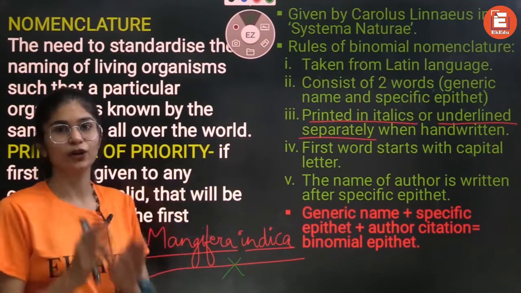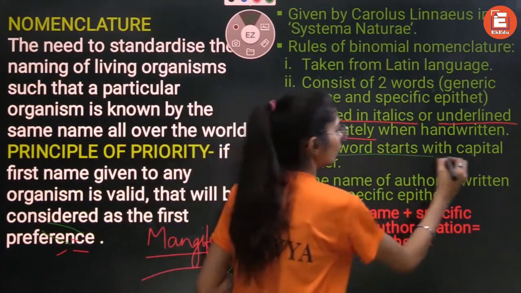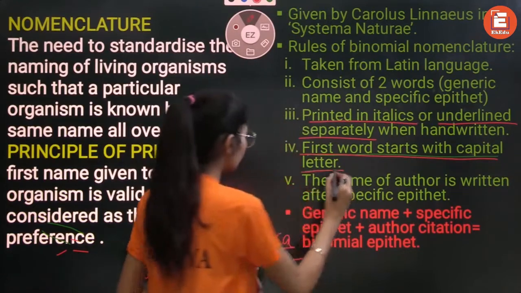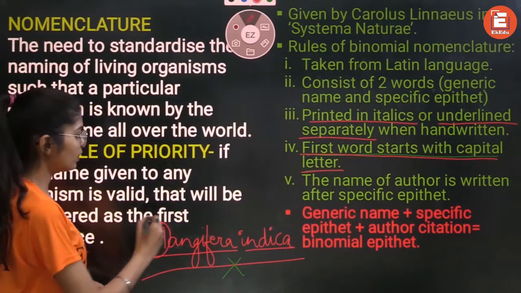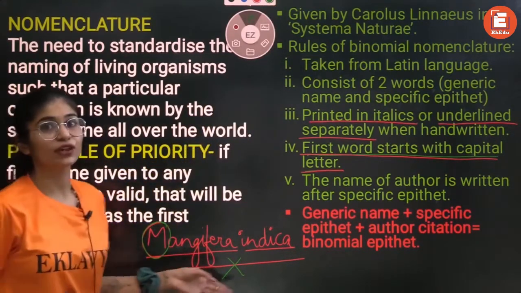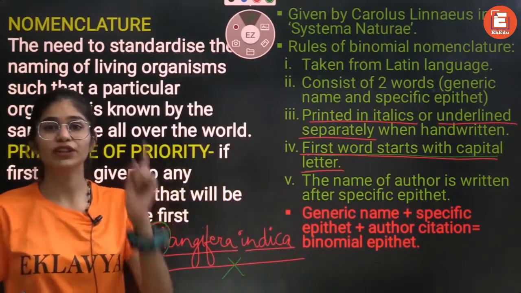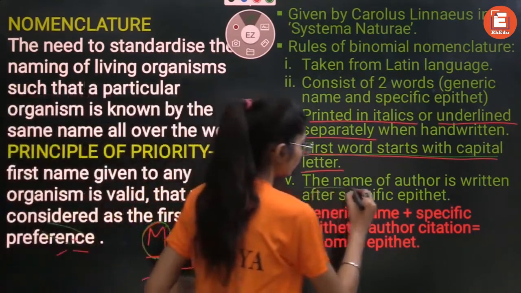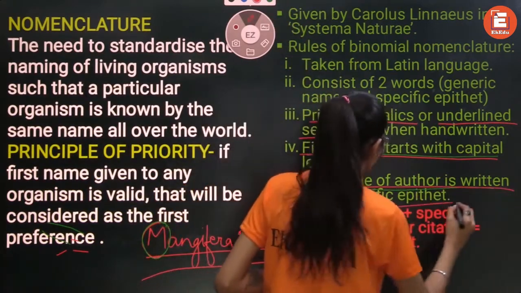Now, the fourth point says the first word will always start with a capital letter. If you see here, I started Mangifera with a capital M, because the rules say so. You always write a biological name with the first letter capital. You can also write the name of the author at the end.